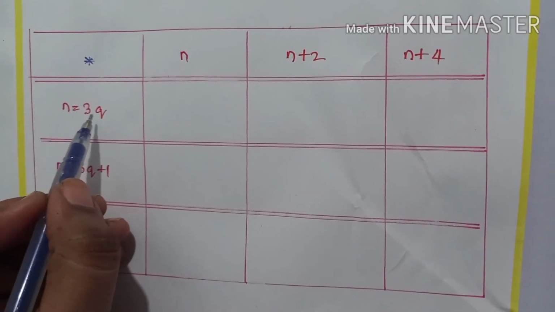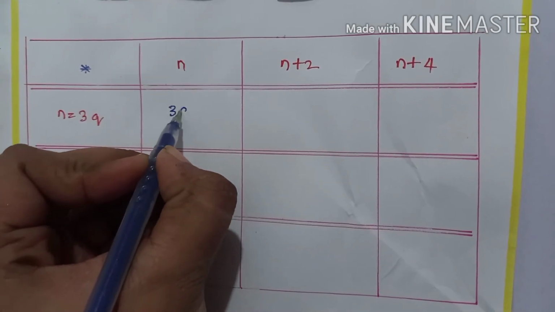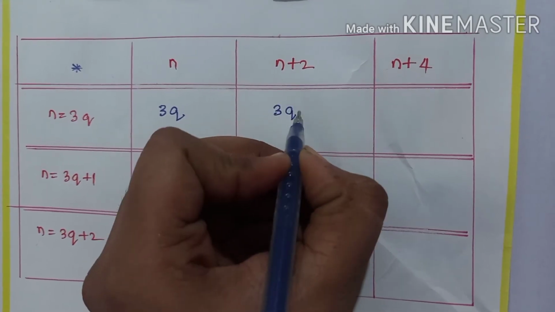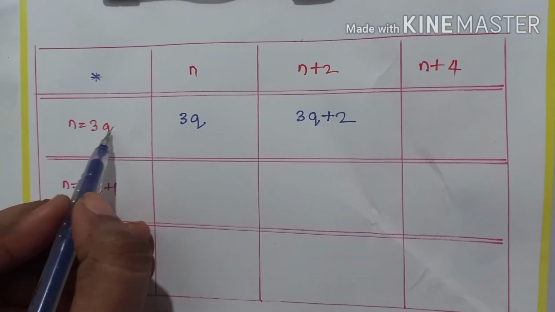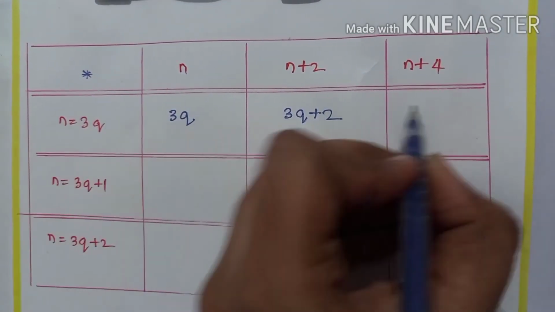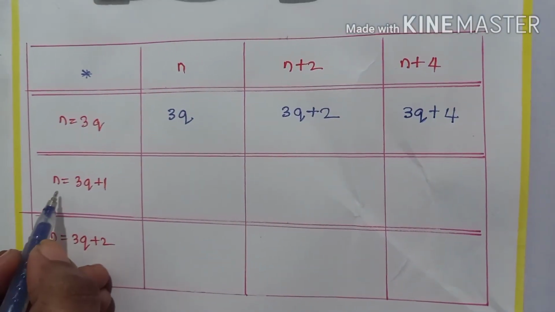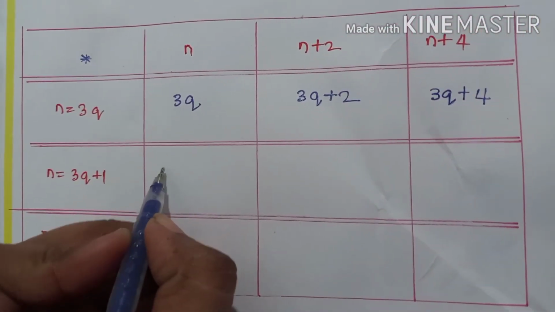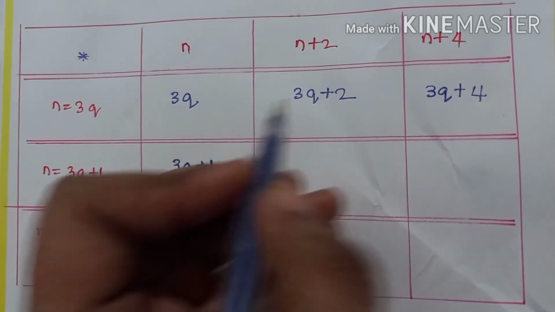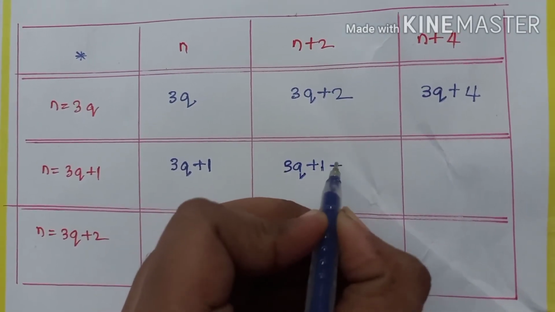So n is equal to 3q. Now n plus 2 is 3q plus 2, and n plus 4, that is 3q plus 4. Next case, n is equal to 3q plus 1, so n plus 0 is 3q plus 1. Here n plus 2 is 3q plus 1 plus 2.